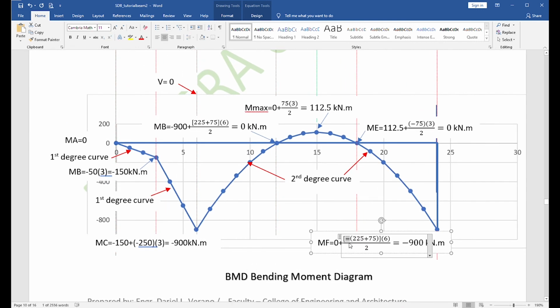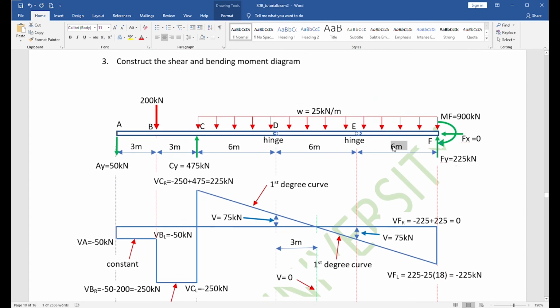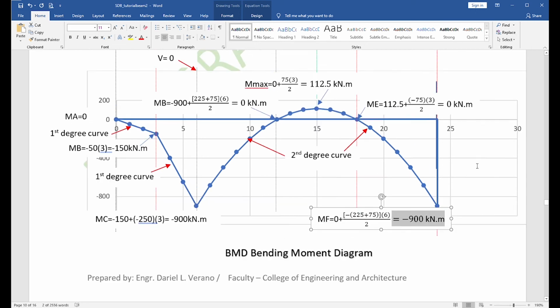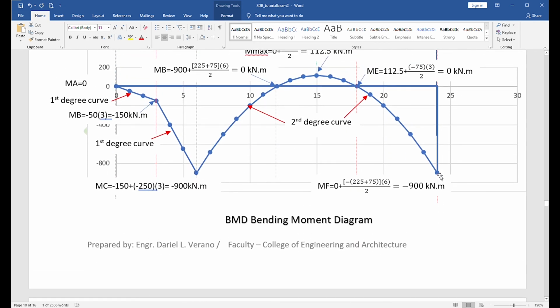Tapos gumamit tayo ng close and open parenthesis. We multiply by the distance, ito yung 6. Then we divide by 2, no? So, ito yung distance natin, 6, para makuha natin yung area. So, kuha natin yung negative 900 kilonewton meter. So, that is equal to the moment reaction at point F. So, it will concave the beam downward at that point.